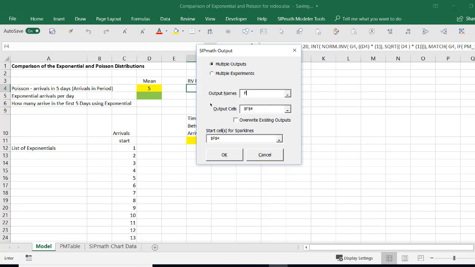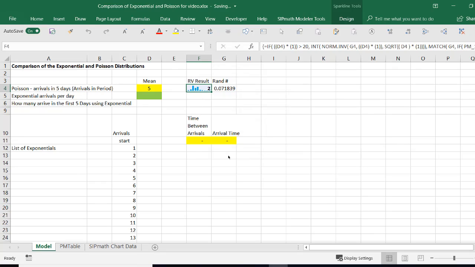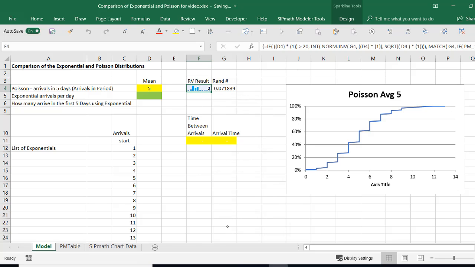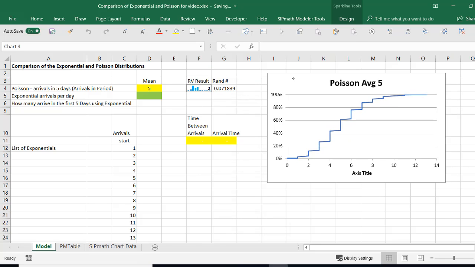We'll call this the Poisson. And then let's graph it so we know what it looks like. We can see that this distribution is in fact a stair step with values of 0, 1, 2, all the way up to, it looks like, 13 in this particular case.